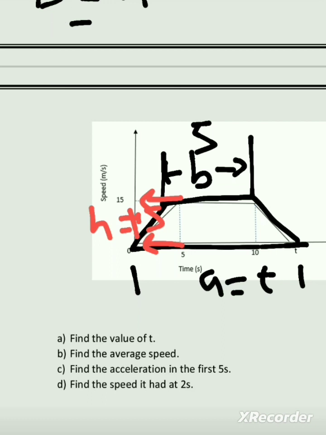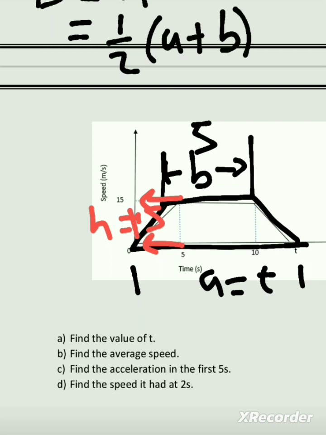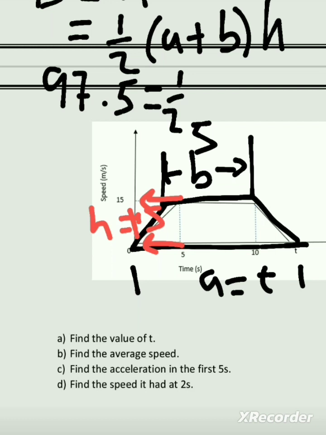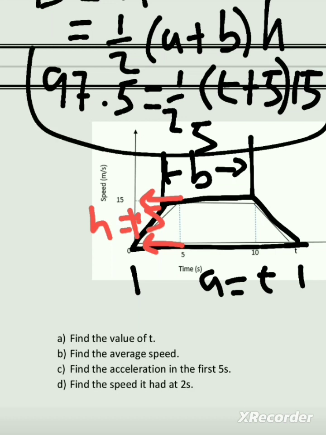So we're going to say distance is equal to half (A plus B) H. But we know what distance is, it's 97.5, which is equal to half. Our A is t, our B is 5, our H is 15. Let me just remove everything so that it's clear.